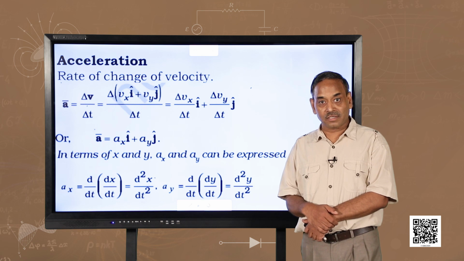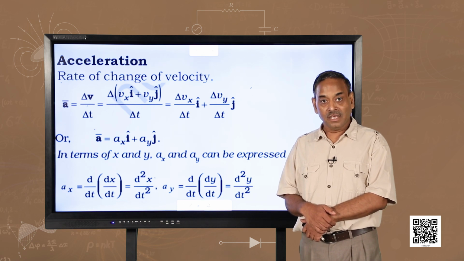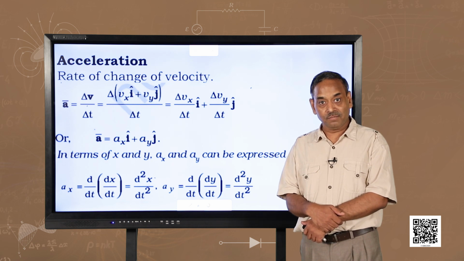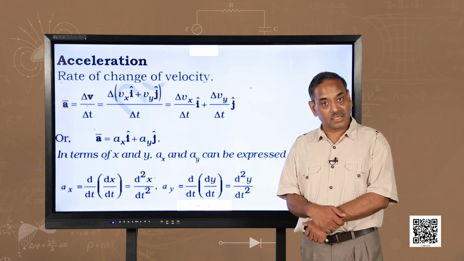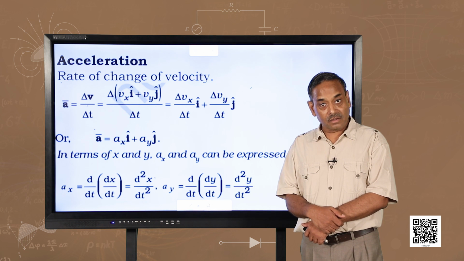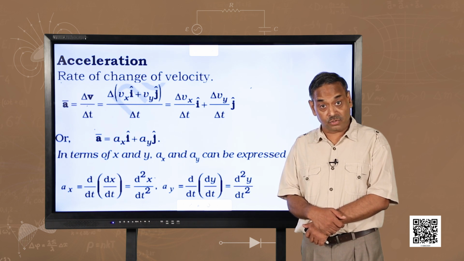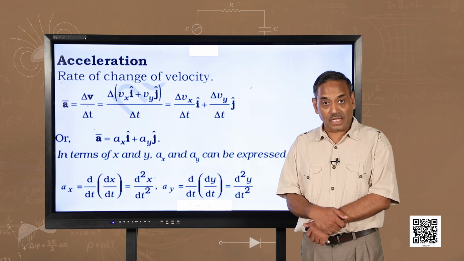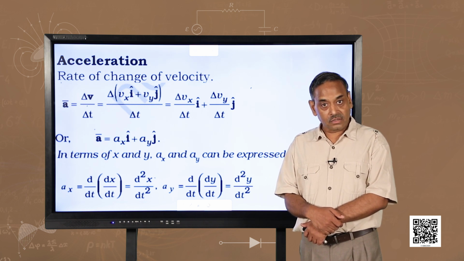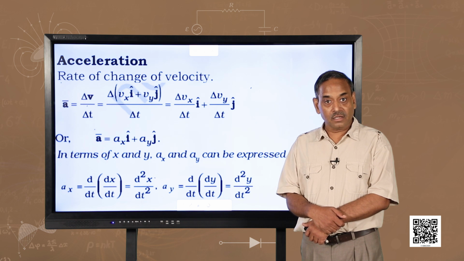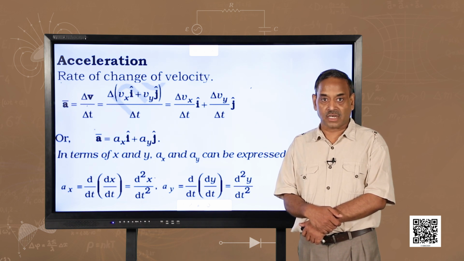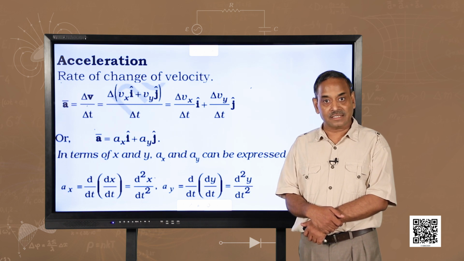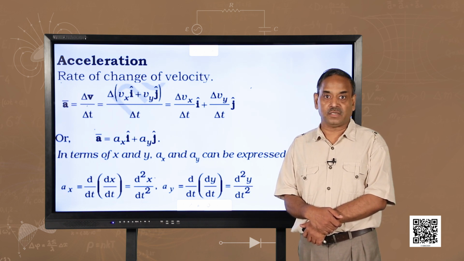This is very important, my dear friends. In the case of motion in a straight line, the velocity is always in the direction of motion. You know it. Acceleration is also along the direction of motion, maybe in the same direction or in the opposite direction, depending on whether the body is increasing or decreasing its speed.